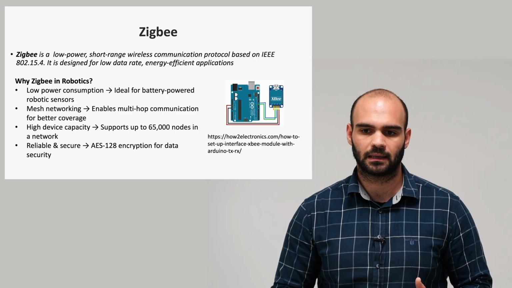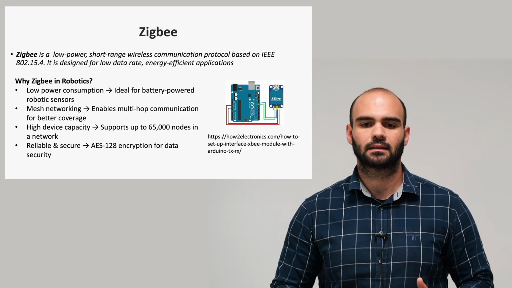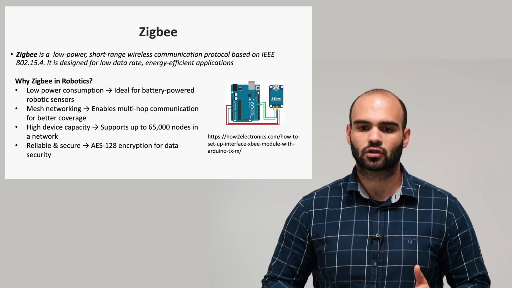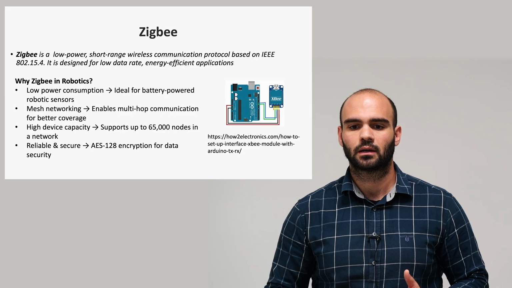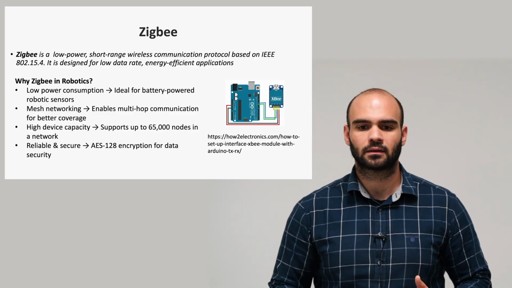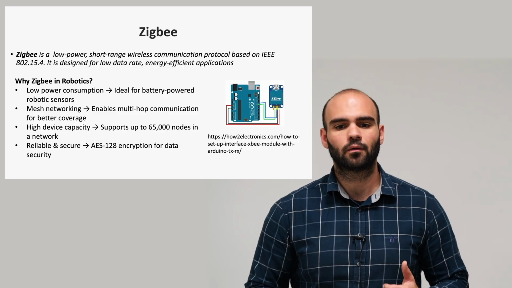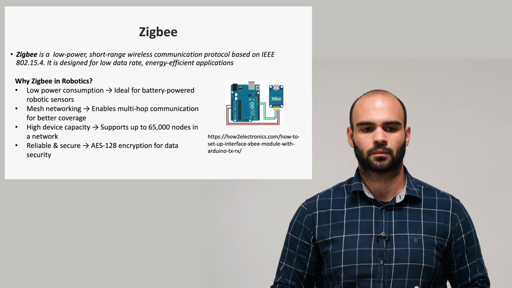Its mesh networking capability allows devices to relay data across multiple nodes, extending coverage. It also supports thousands of devices in a single network and ensures secure communication with AES 128 encryption. Overall, ZigBee is excellent for reliable, low-energy robotic communication.